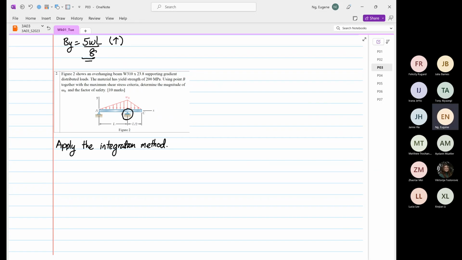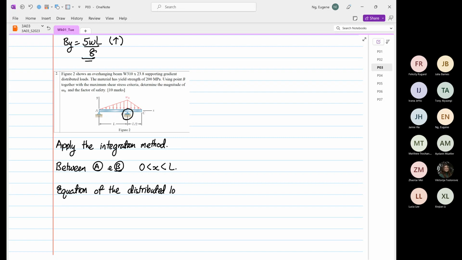Whatever we're going to form now is between point A and point B, so 0 ≤ x ≤ L. First thing we are going to do is determine the equation of the distributed load between point A and point B.